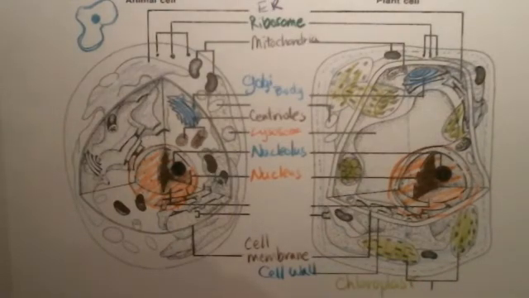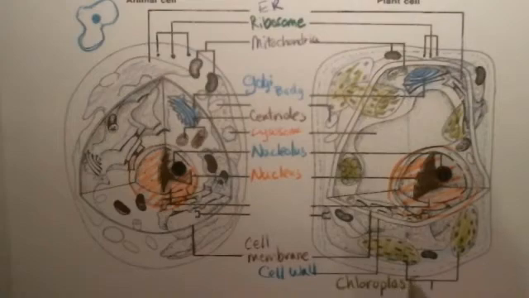And the chloroplast, its whole function is to capture light energy and convert that to chemical energy. So it's going to capture energy from the sun in the form of light and convert that to chemical energy so that the cell can then use that chemical energy to do the functions that it needs to do, such as cellular respiration or making proteins.